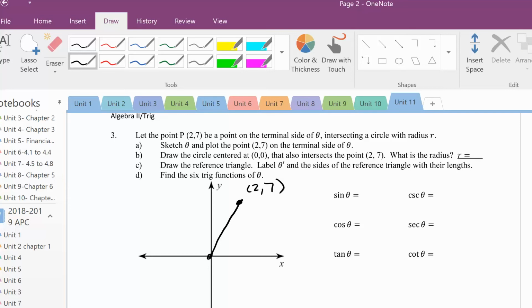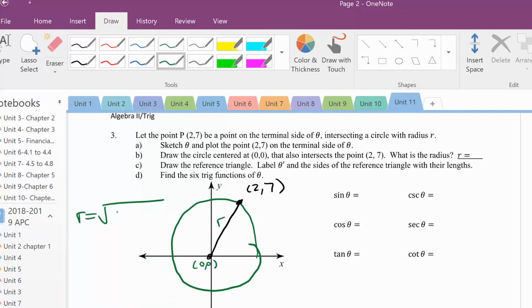And draw the circle centered at (0, 0). So here's the center (0, 0). And to find the radius, we just go the square root of 2 squared plus 7 squared, because 2 minus 0 is 2, and 7 minus 0 is 7. So the radius is equal to the square root of 4 plus 49, which is rad 53.